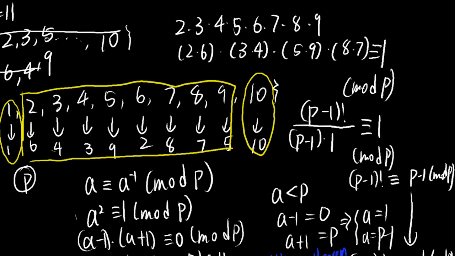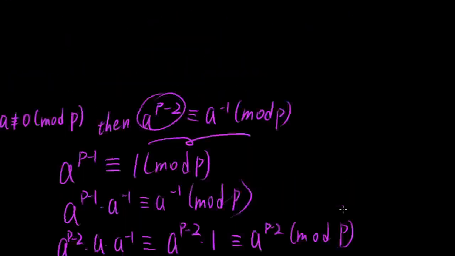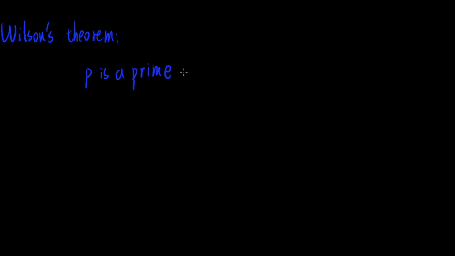Wilson's theorem essentially implies two things. One is when p is a prime, we may change a little bit.